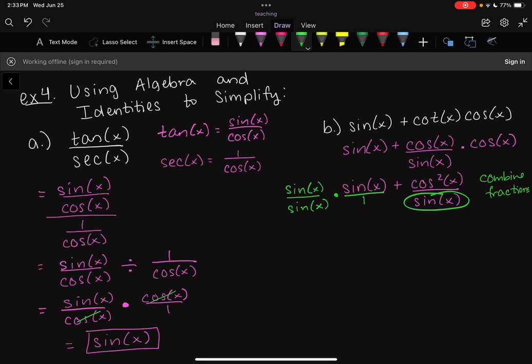The reason we're allowed to do this is that sine x over sine x is really just 1, so we're multiplying by 1. It's not really doing anything. So be careful about that. Sometimes I get people multiplying on just one side. You've got to do it both top and bottom.